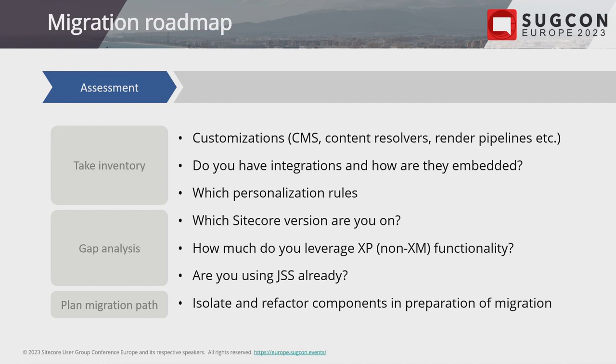Which personalization rules do you use, etc.? For the gap analysis: which Sitecore version are you on? Do you need to upgrade, or do you leverage a lot of XP functionality or not? And are you using GSS already? I think you need to carefully consider all those steps and then plan out a migration path to isolate and refactor the components in preparation for the actual migration.